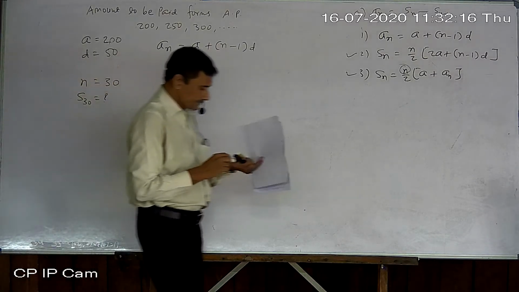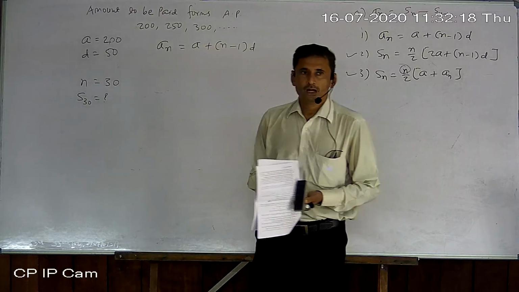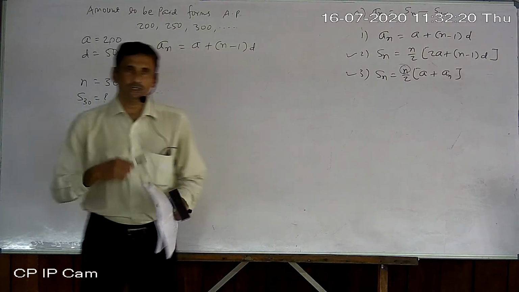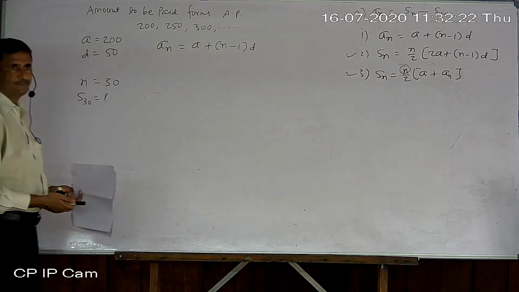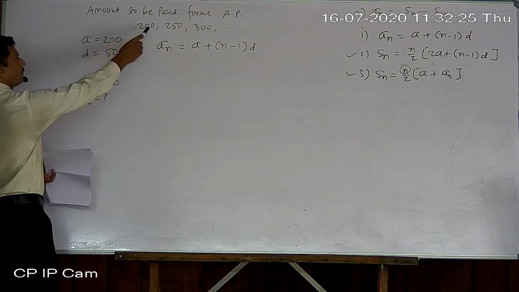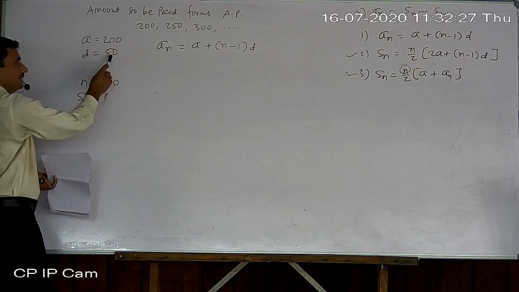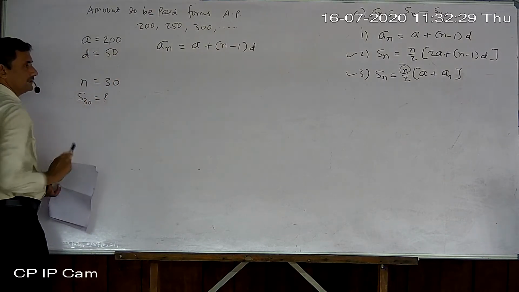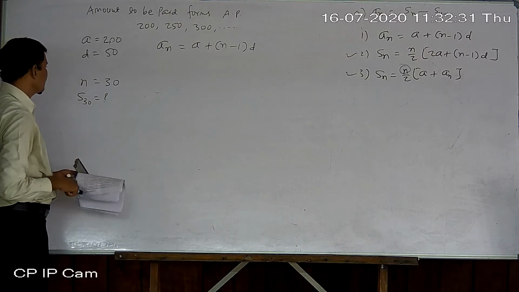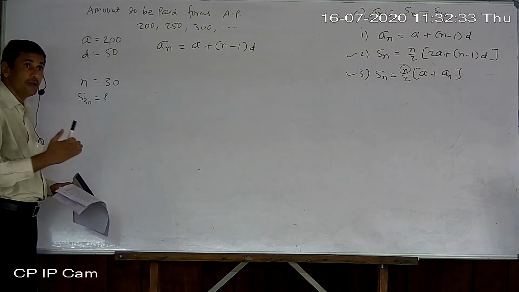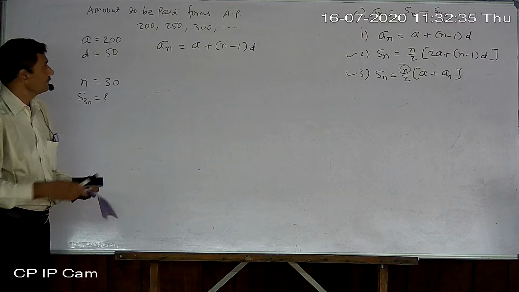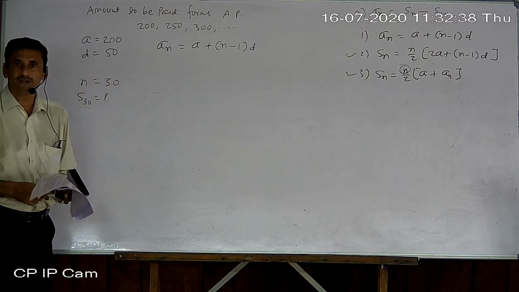Okay, he has to pay the delay penalty regularly to the authority. So from the AP, A and D are clearly given and N is also given. Not only the last day's penalty, every day's penalty has to be given. So we have to make the total of all these terms.